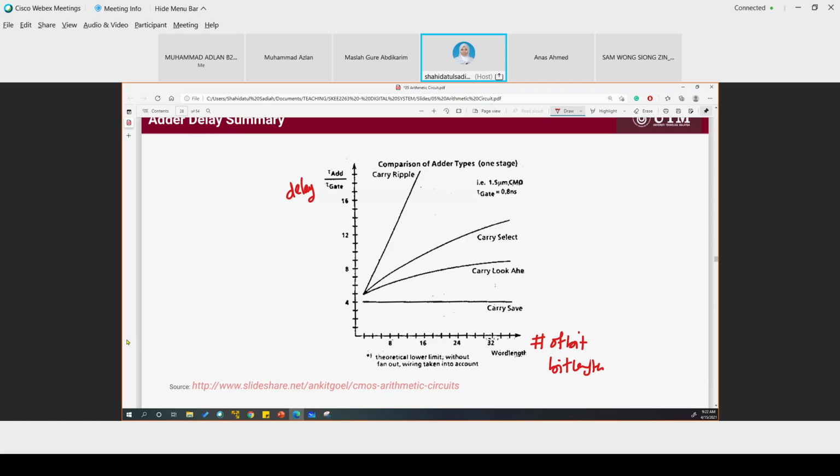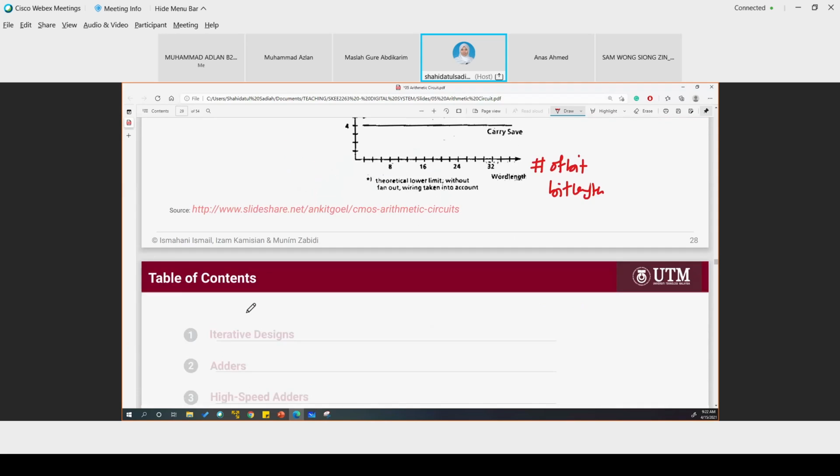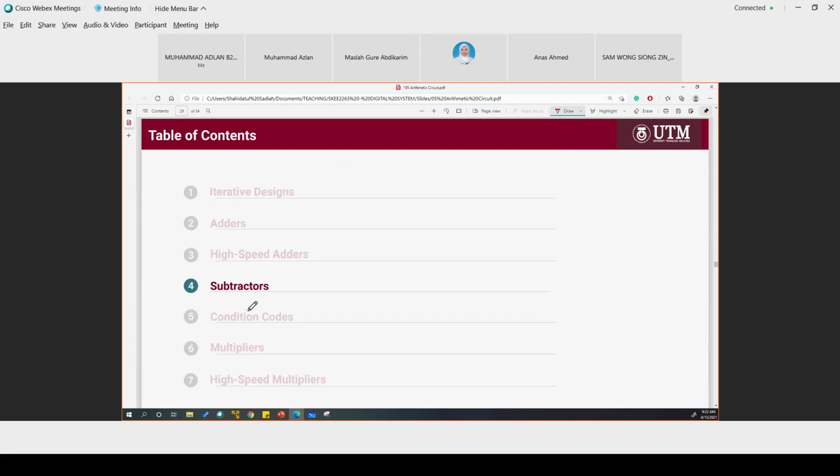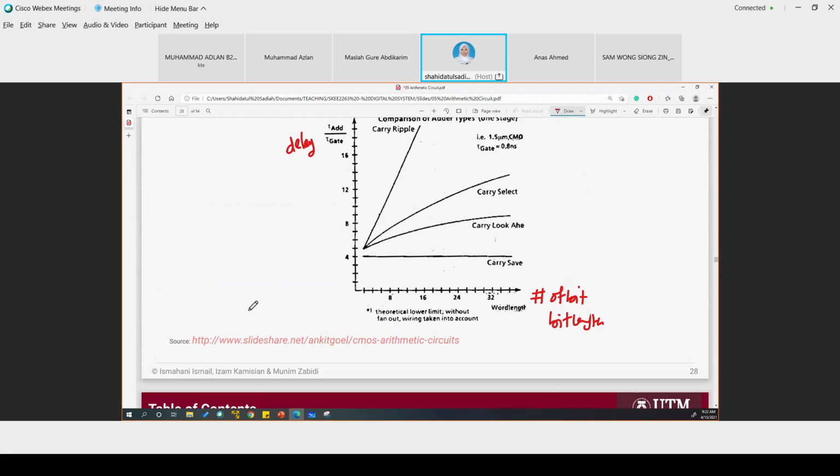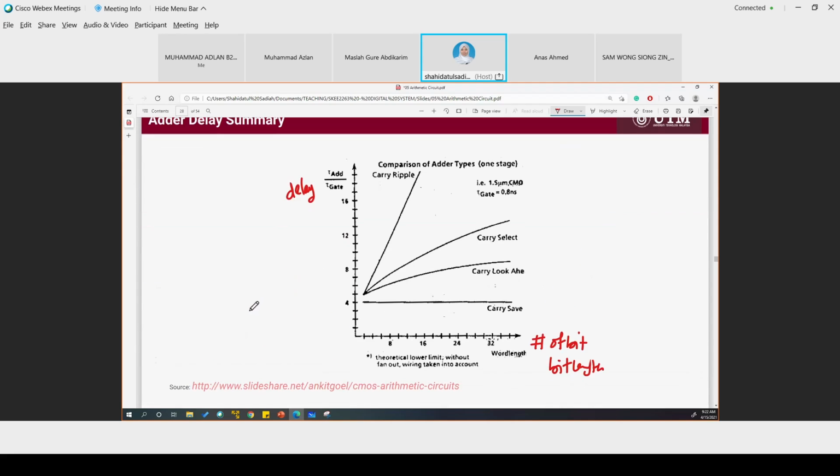For the carry select adder and carry duplicate adder, the delay will also increase, but not as fast as the ripple carry adder. But the carry save adder will maintain, even though we have a much longer bit length. Okay, that is all for the adder.